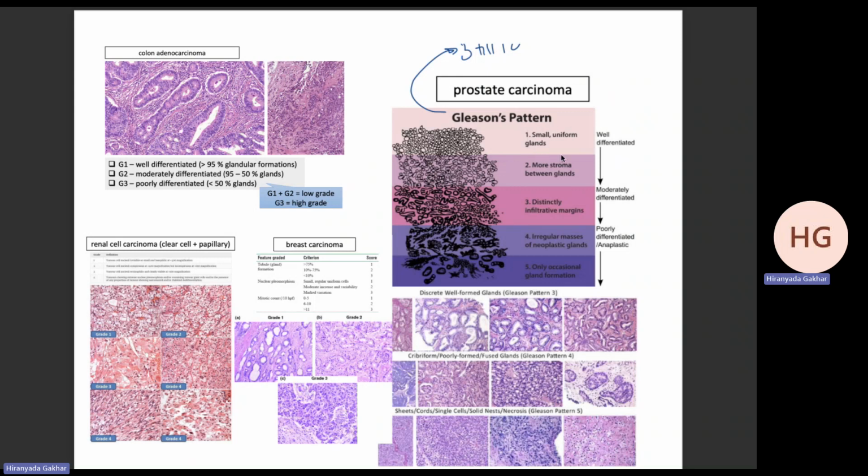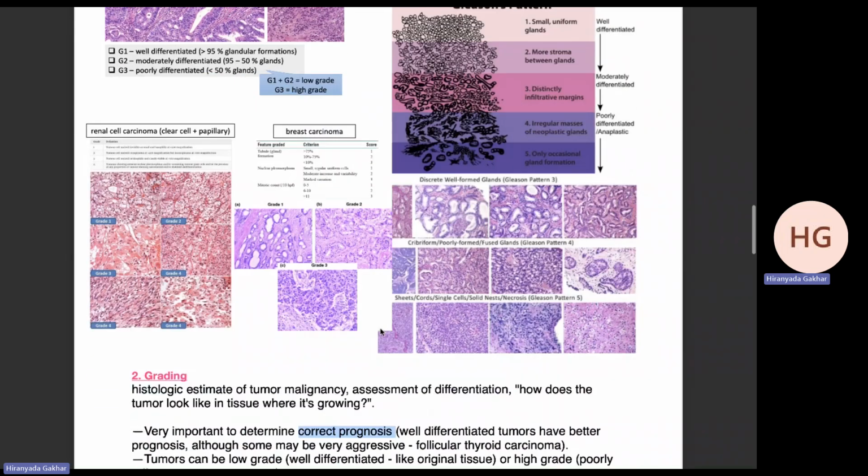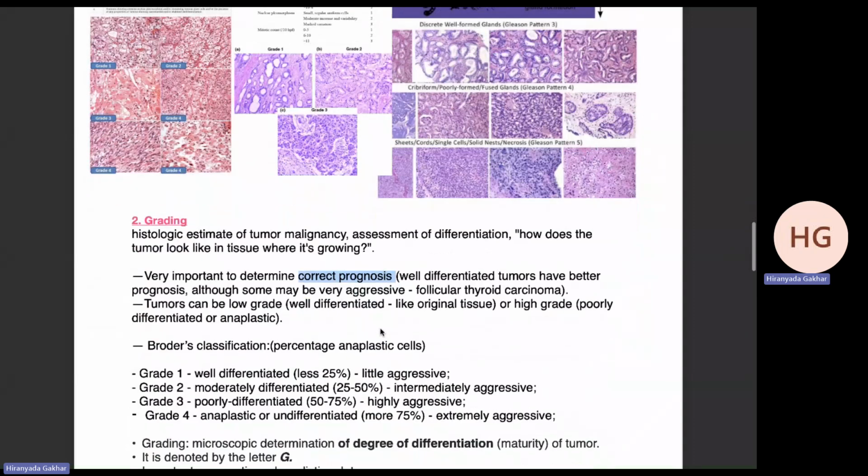Over here, you have proper glands forming, more than 95%. But when it's poorly differentiated or anaplastic, there is very occasional gland formation that you see. So these are the examples for grading.